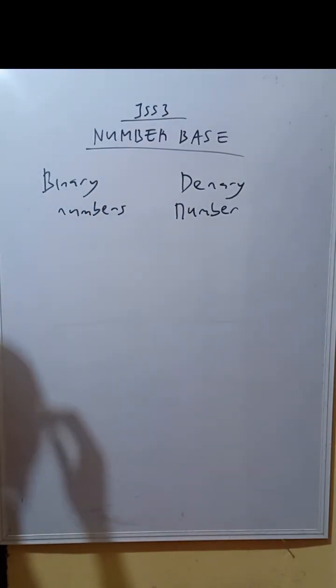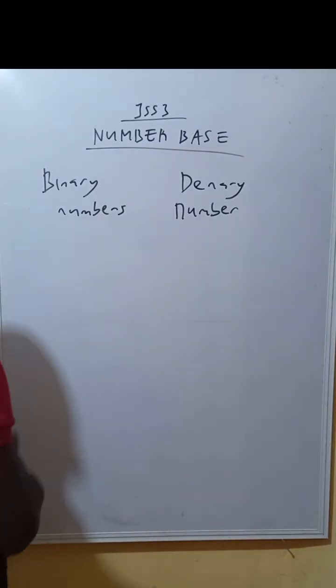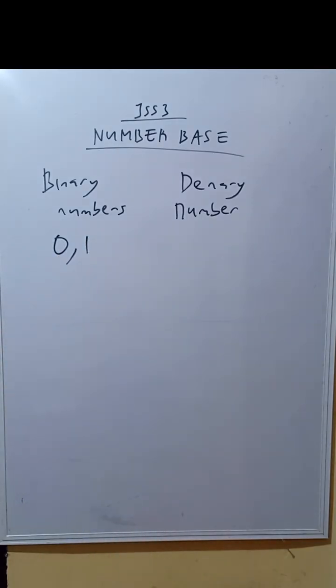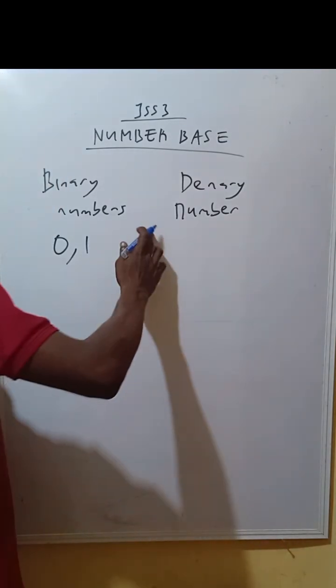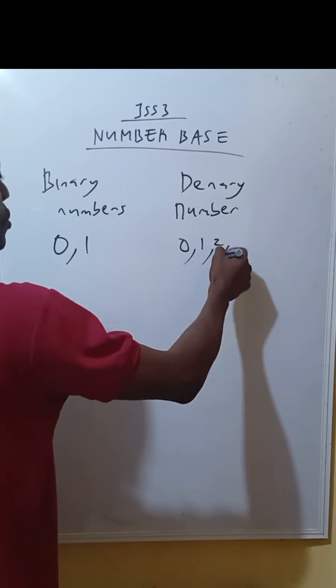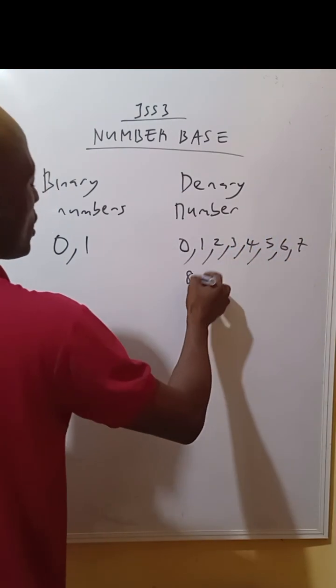So let's continue. What do you need to know about binary numbers? There are two numbers in base 2. They are 0 and 1. While there are 10 numbers in base 10. They are 0, 1, 2, 3, 4, 5, 6, 7, 8, 9.